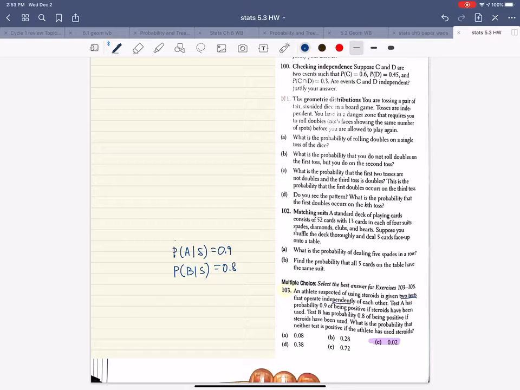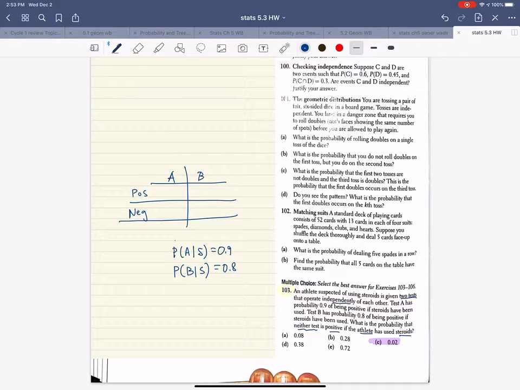So we worked through this today. Either you use test A or test B. Either you test positive or you test negative. Okay. What is the probability that neither test is positive if the athlete used steroids?